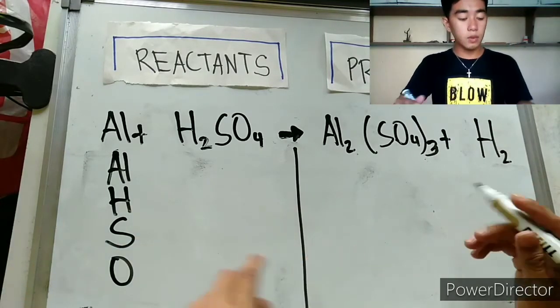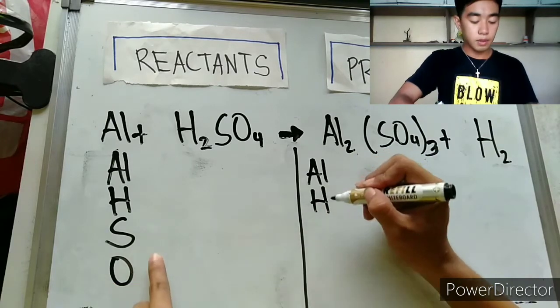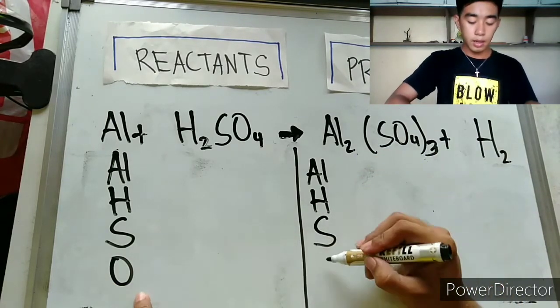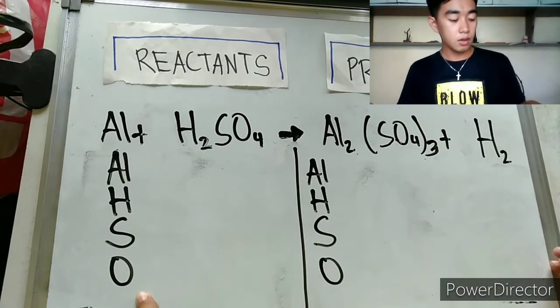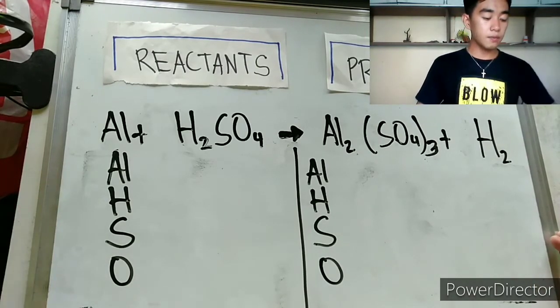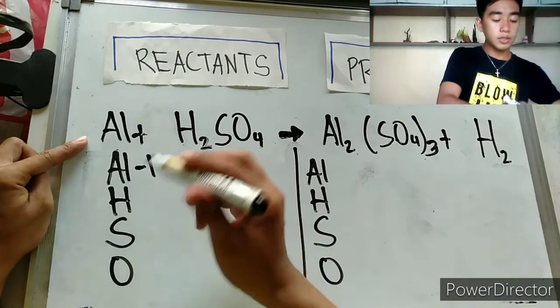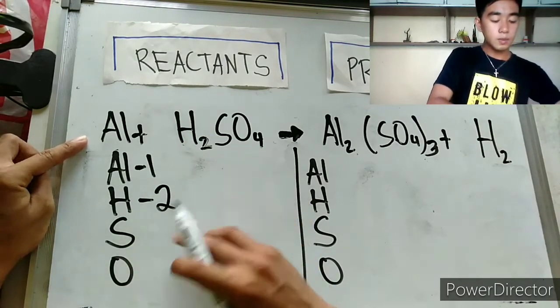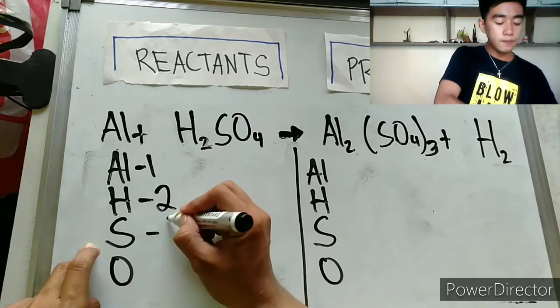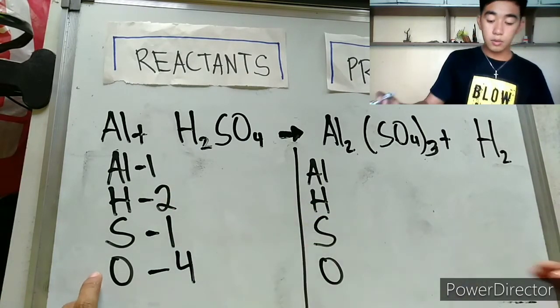And also for this side, we have aluminum, hydrogen, sulfur, and oxygen. Okay, so now let's count the number of atoms of each element. For aluminum, we have only 1 atom. For hydrogen, we have 2 atoms. For sulfur, we have only 1 atom. And for oxygen, we have 4 atoms.